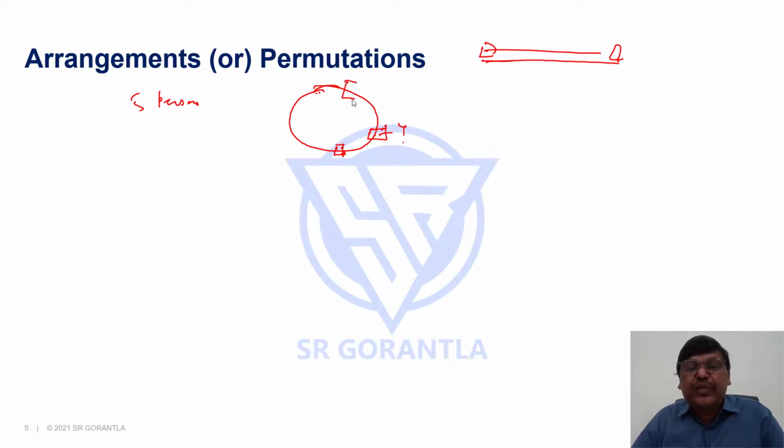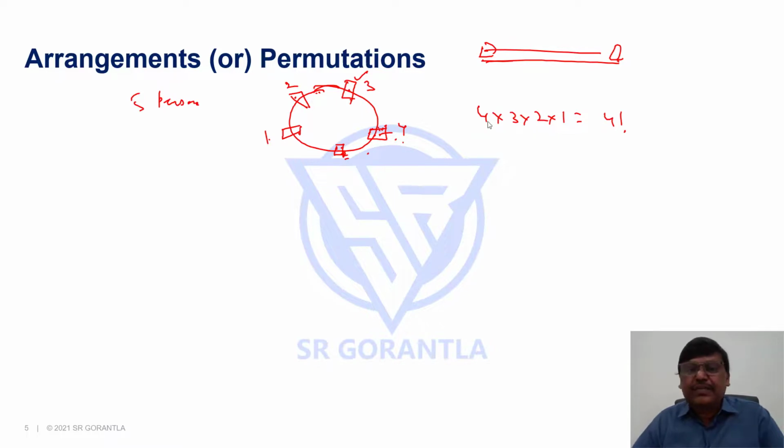For the next seat, 2 persons are already gone, so 3 ways. For one more person, it is 2 ways, because only 2 persons are left, and here one way. So it is 4 into 3 into 2 into 1, it is 4 factorial ways.